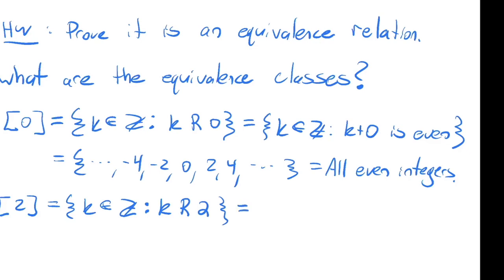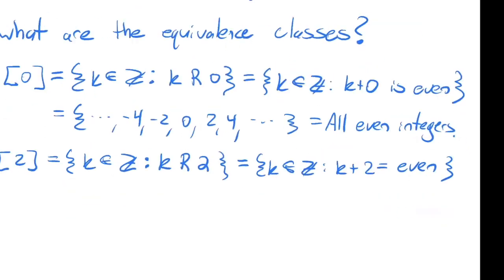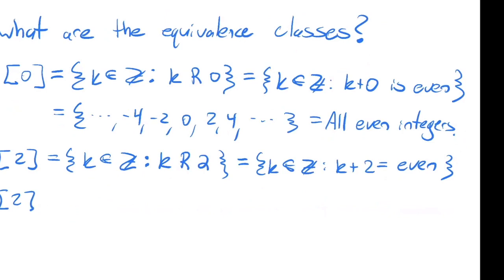Well, it would be all of the integers such that when I take it and add it to 2, we get something even. Okay, so that's what we mean by saying the equivalence class of A is equal to the equivalence class of B.